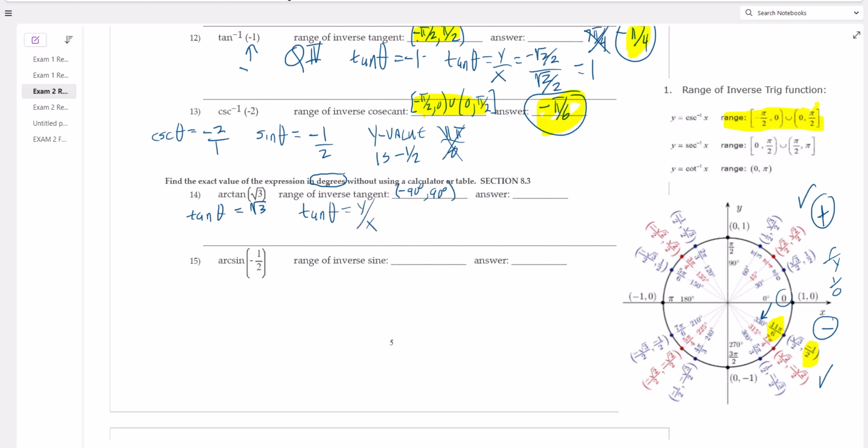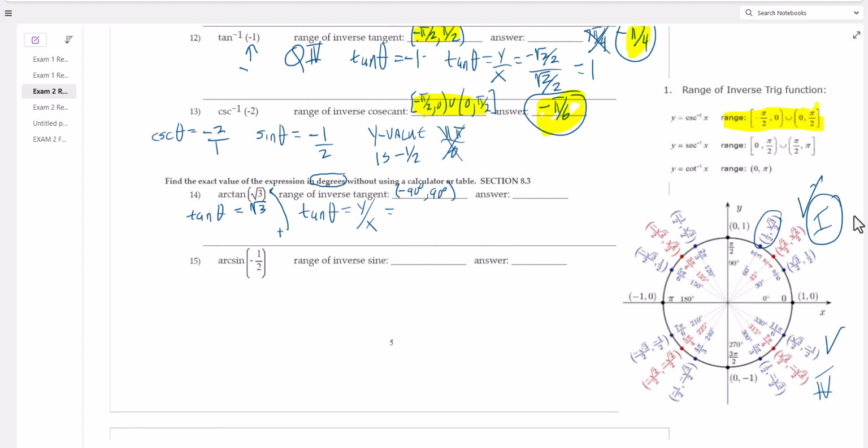Since this is a positive number, this is going to work the same way that the inverse sine does. You're either in 1 or you're in 4. Since this is positive, you're in quadrant 1. Now you look at where y over x works out to be square root of 3.